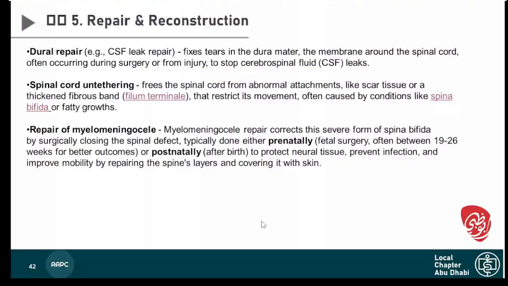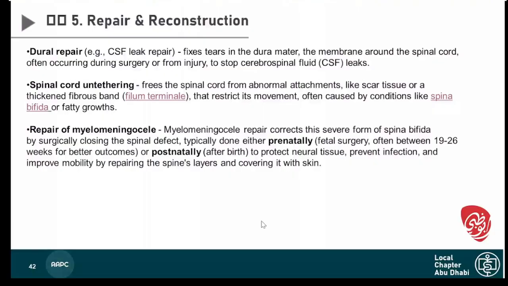So repair and reconstruction involves dural repair, that is the repair of dura mater, then spinal cord untethering, which means repairing the tethered spinal cord. Okay. Then repair of myelomeningocele is particularly to correct the spina bifida condition.